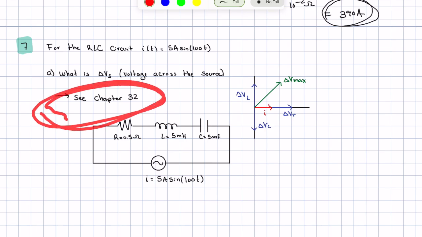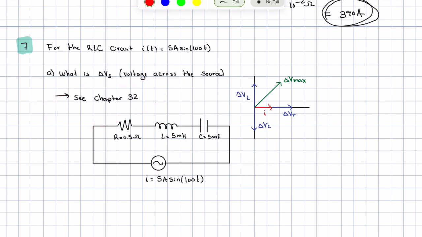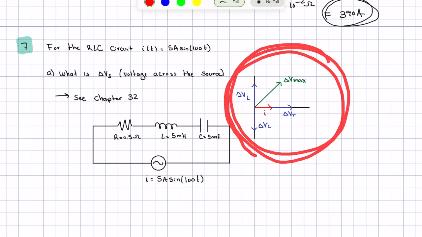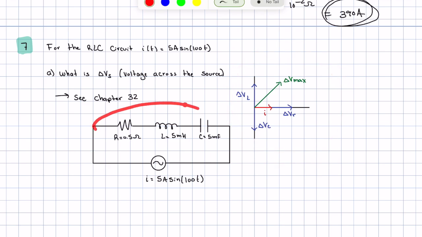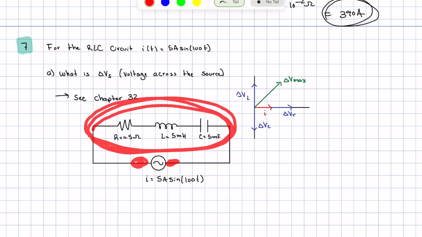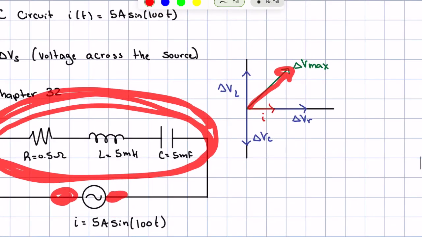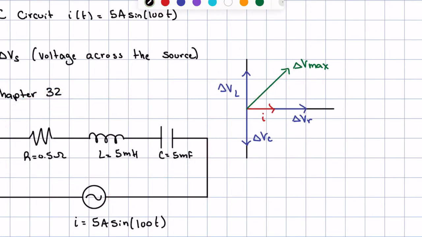So this is chapter 32, and if you remember from that chapter, whenever we have this type of circuit, we have a potential drop across R, across L, and across C. We know that the potential across the source is equal to the combination of all of these potential drops, so delta V max here. So we're essentially figuring out what delta V max is, but also what phi is, which is the phase difference between the current and delta V max.